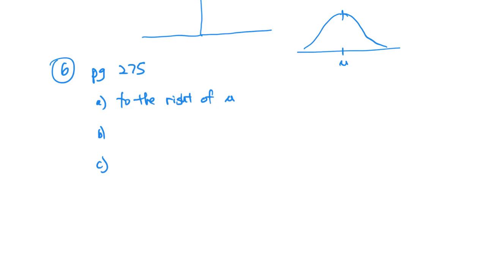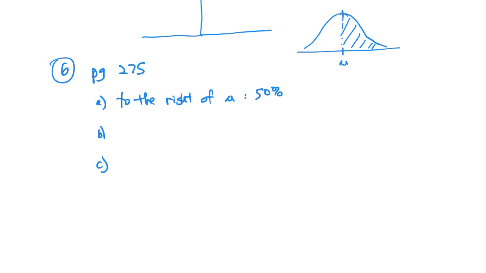So the percentage of the area under the normal curve to the right of mu, what's that going to be? It's exactly 50%. 50% of it is here and 50% of it is here. So for part A, it's 50% lies to the right.